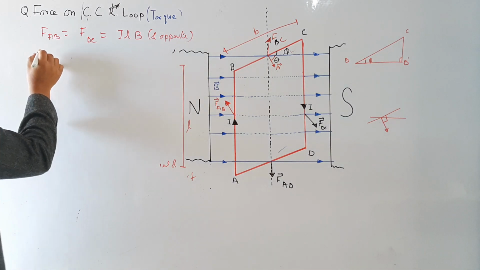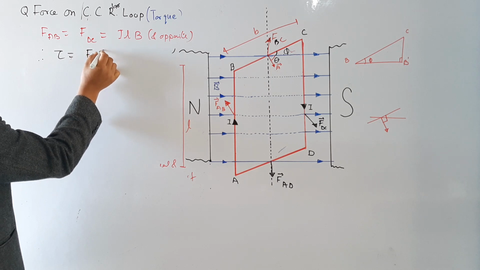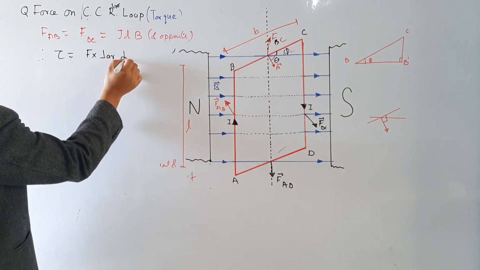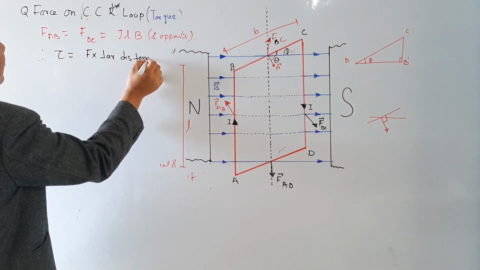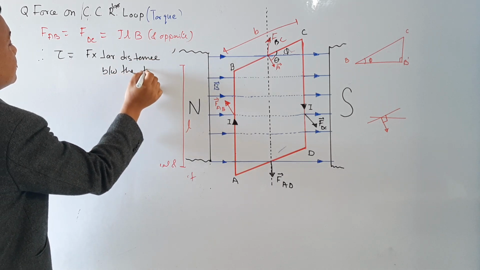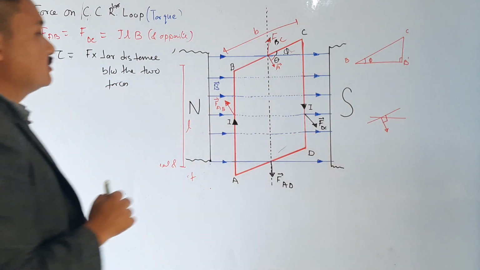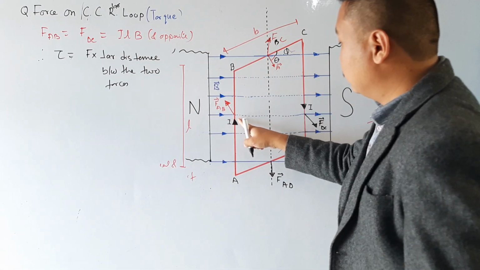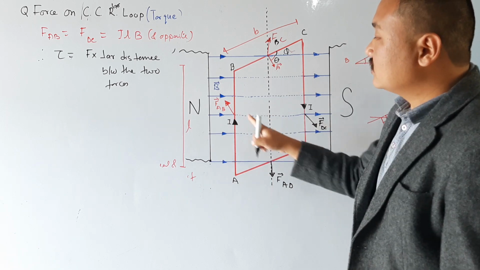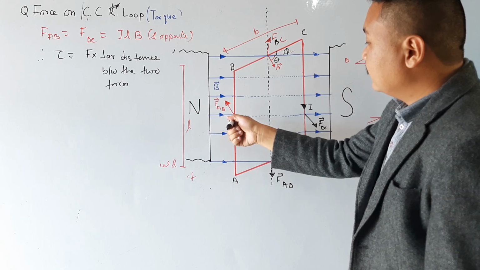So we know therefore the torque tau is equal to force into perpendicular distance between the two forces. Okay, so this is my perpendicular distance between the two forces. One force is this, another force is this.